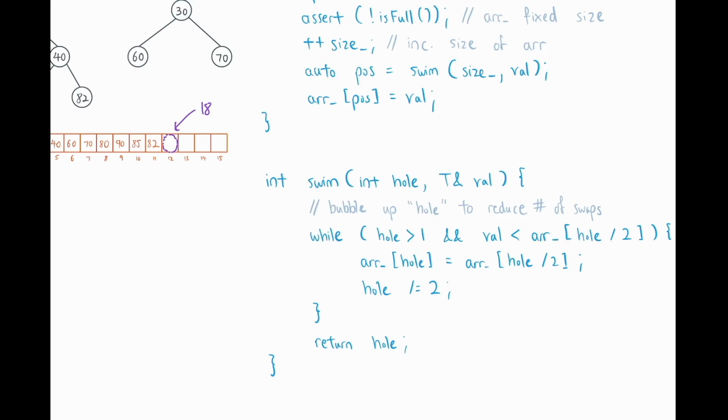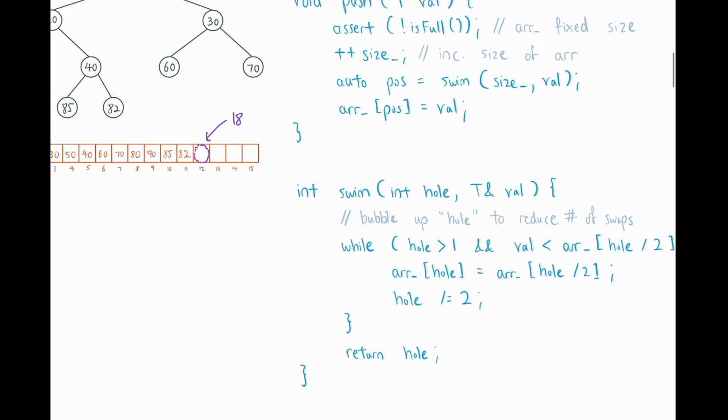Swimming up simply means that you pull the parent down into this hole, and then you move the hole up in replacement of the parent. Dividing the hole by 2 means you move the hole up to the parent.